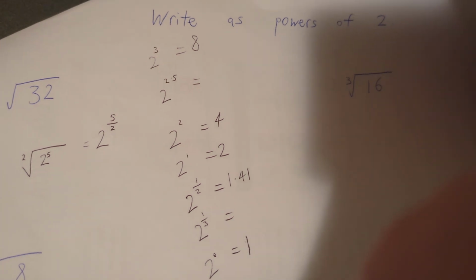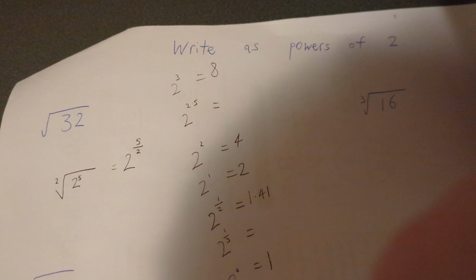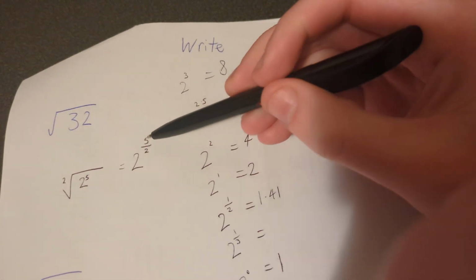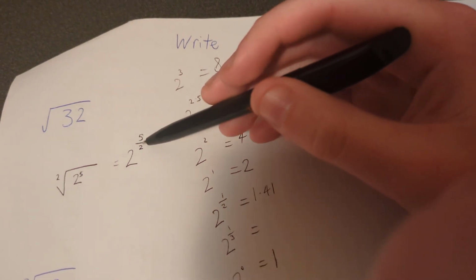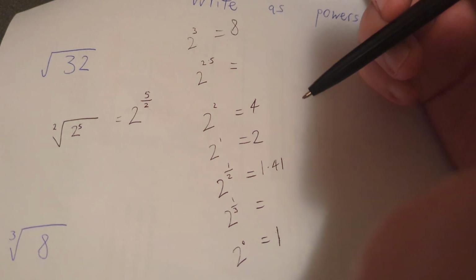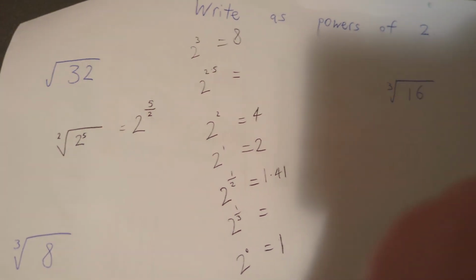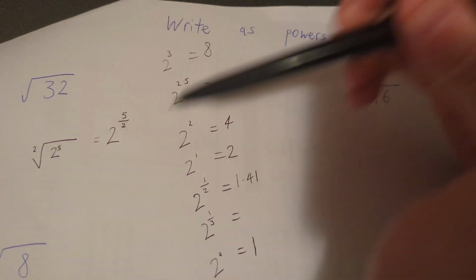I've been filming 6 minutes and I don't want to go to my calculator because I'm worried it's going to stop recording. But that's how that works. 5 over 2. 5 divided by 2 is just 2.5. If you're ever wondering how to convert a fraction to a decimal, top number divided by bottom number. Right. This is the final answer. We've written it as a power of 2.